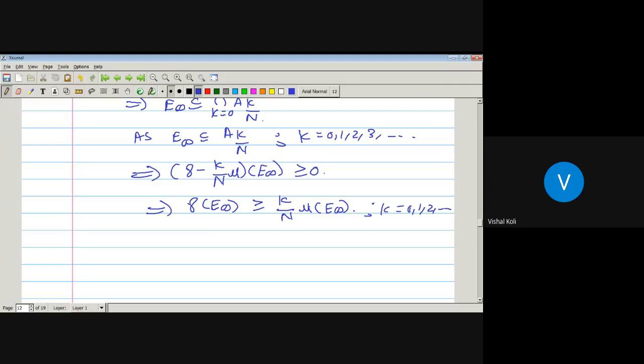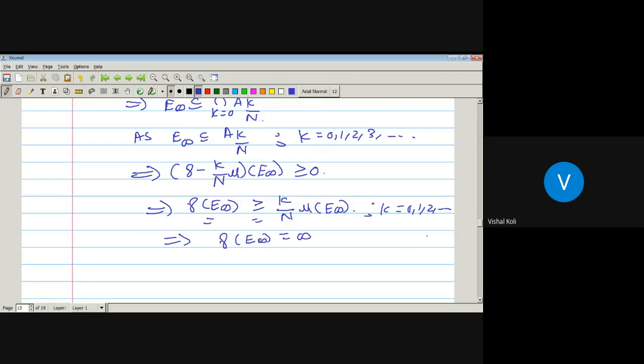Whatever the value of the measure, gamma of E infinity is always greater, and since the measure is positive, the only possibility is that gamma of E infinity equals infinity.